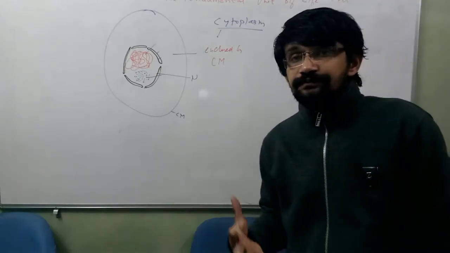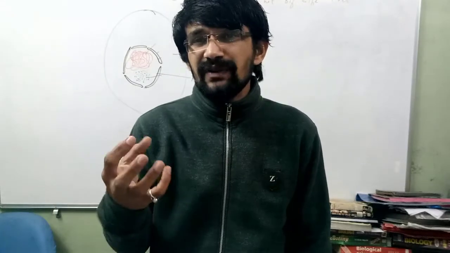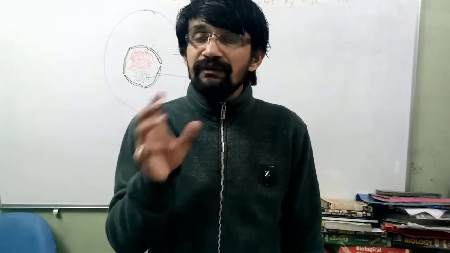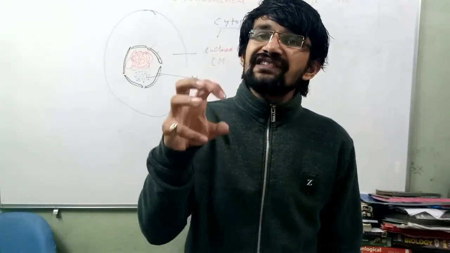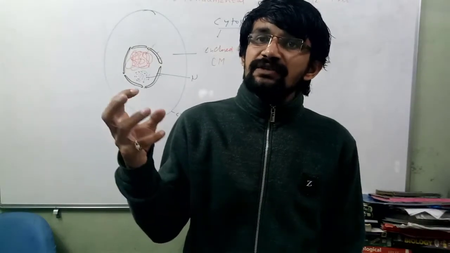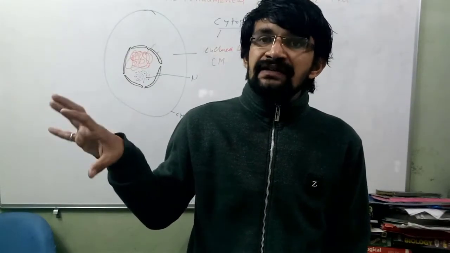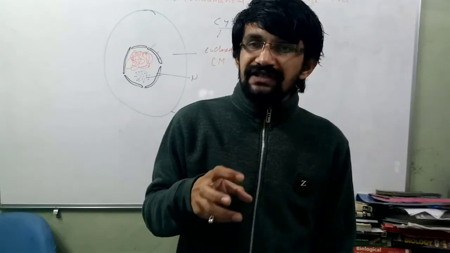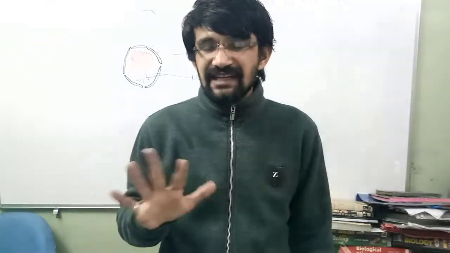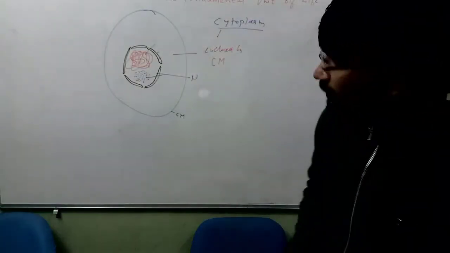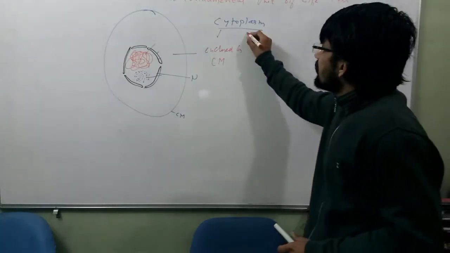The cell cytoplasm takes very little stain, so it will be lightly stained. I told you when we were starting with the nucleus that it takes a darker stain just because it is denser in structure, whereas if you talk about the cytoplasm, it takes very light stain, so it is lightly stained. So the very next point is light stained.